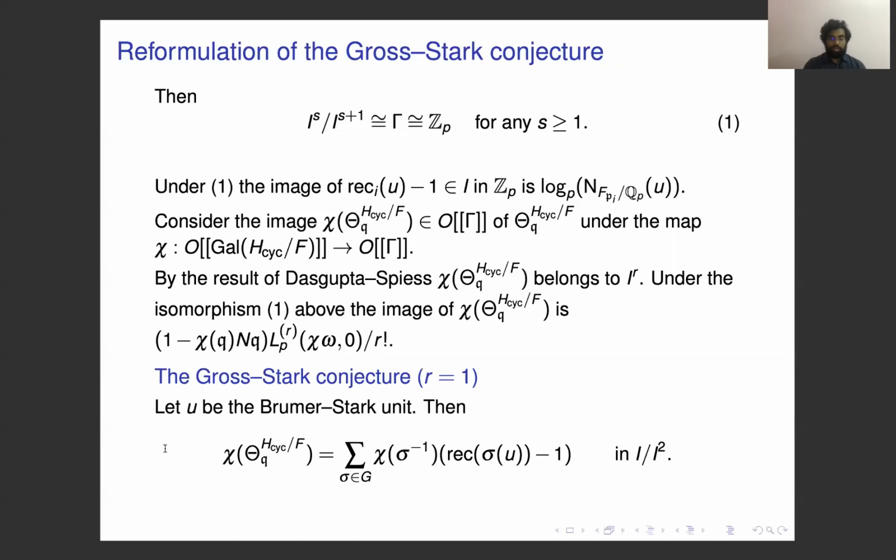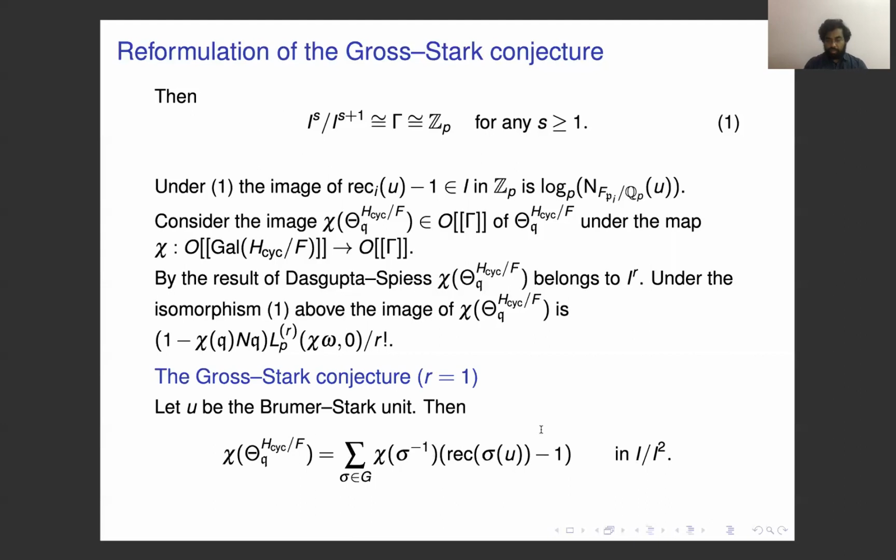Okay, so what it says is that if U is the Rubin-Stark unit, the Brumer-Stark unit, then this element as an element in I mod I square is also equal to this element. Okay, so reciprocity applied to all these conjugates of Rubin-Stark units minus 1.